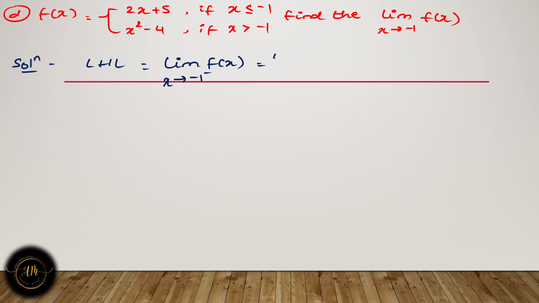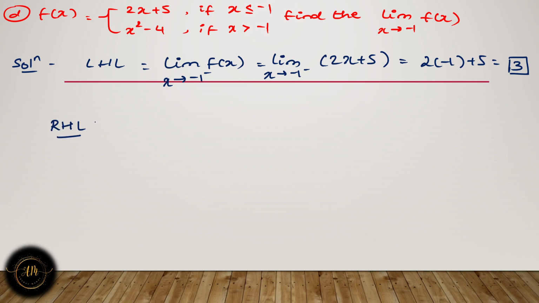Towards the left side it will be 2x plus 5. That time it will be 2 into -1 plus 5, which is nothing but 3. This is your left hand limit. Let's see the right hand limit.